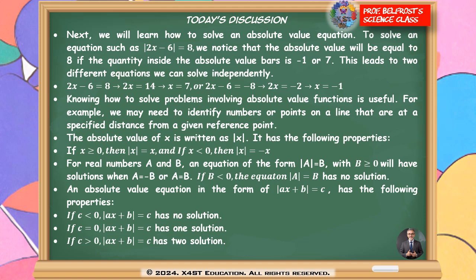For real numbers a and b, an equation in the form of absolute value of a equals b, with b greater than or equal to 0, will have the solutions a equals minus b or a equals b. If b is less than 0, then the absolute value of a equals b has no solution. So here's a summary that you may need to take notes on.